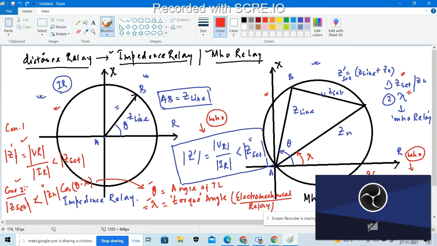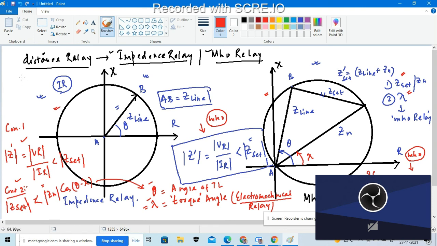Okay, if all the values are predetermined, then our solution will be much easier using the mho relay rather than the impedance relay. But some implementation of the impedance relay is there, under simple operational conditions.